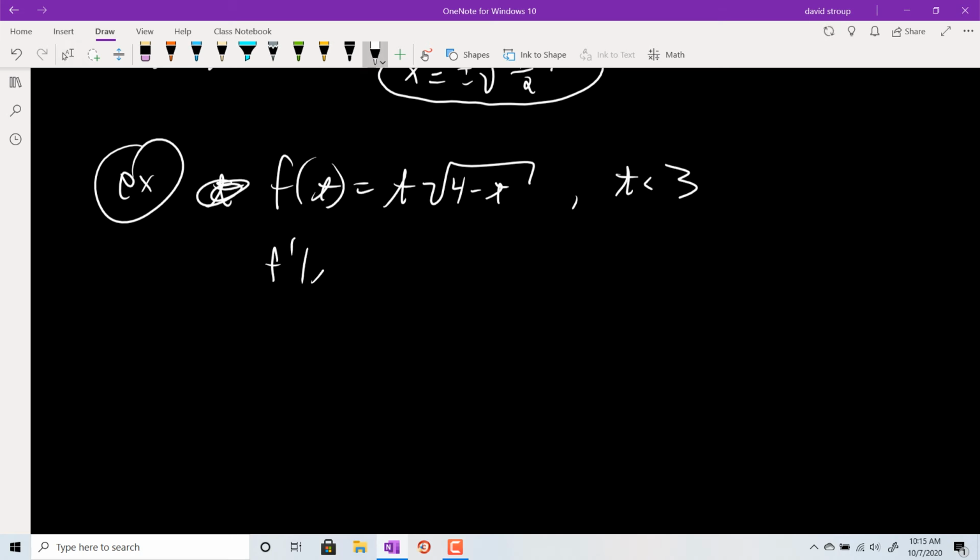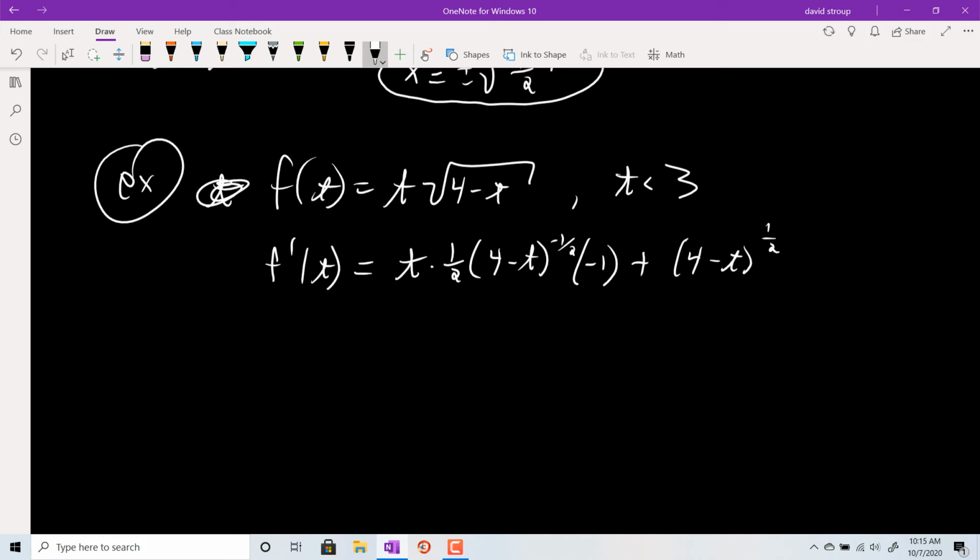Okay, so f prime of t is going to be leave t alone, and then power rule, and then chain rule, plus take the derivative of t, it's just 1, so 4 minus t to the 1/2. I'm going to get a common denominator to make my life easier. So one of the reasons, again, why you want to simplify is for these kind of problems, because you're going to be setting them equal to 0 and solving them.